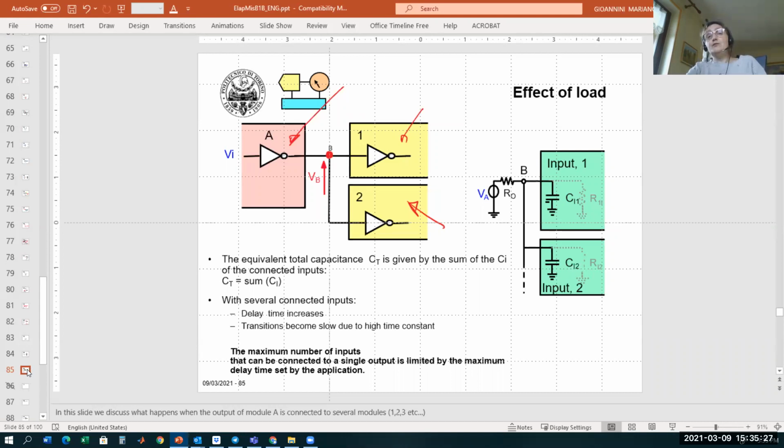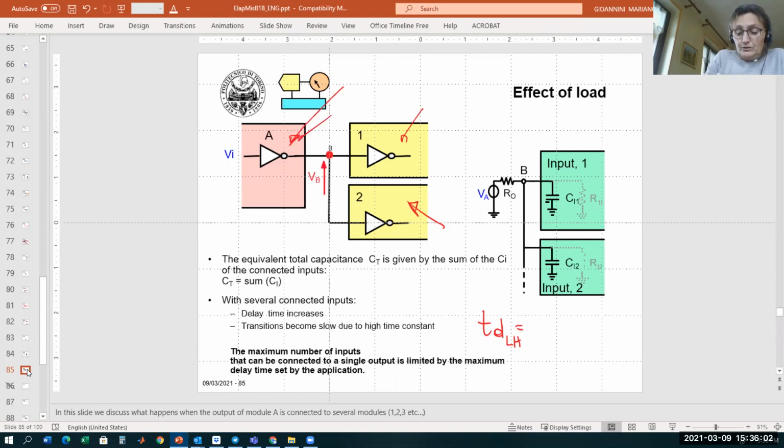So now, if we have to evaluate the delay in this case, how much is this delay? If I ask you to calculate the delay, TD, for example for a low to high transition, how much is this delay? Guess. No, it's not the maximum. You have to remember the method.